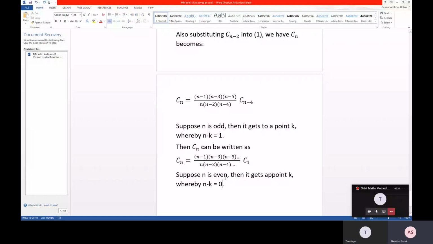So you can just say n is this, then we just be substituting n to be 1, then this is going to be cos x instead of cos nx.